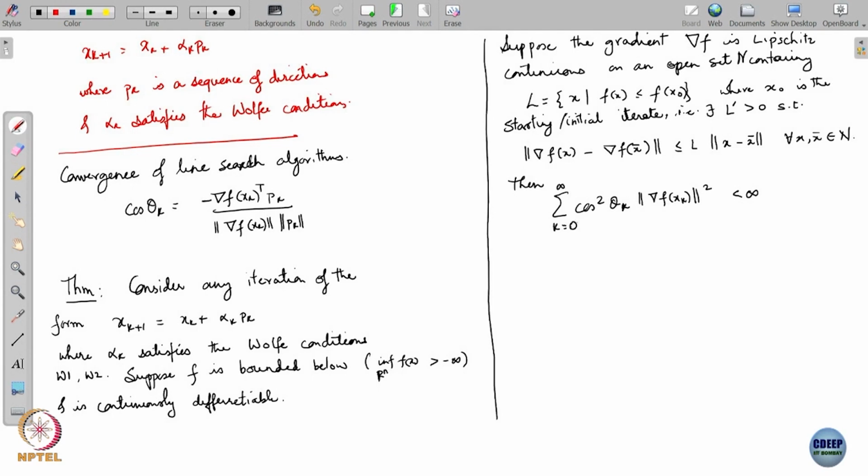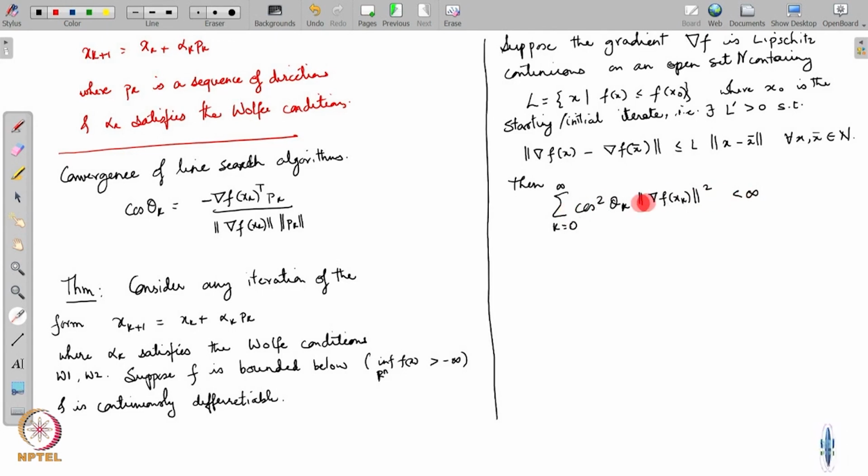This whole sum is finite. Now what does this mean? The claim is that if you choose your iterations this way, if your function has these properties, and your alpha_k satisfy the Wolfe conditions, then this particular sum has to be finite.